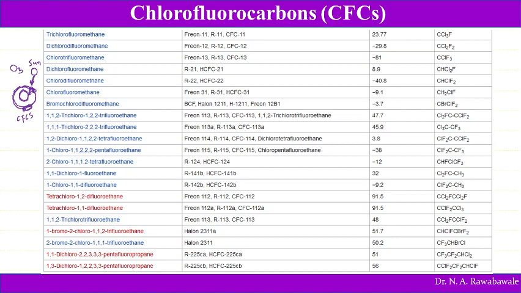So the universal community, the United Nations Organization, banned the use of these chlorofluorocarbons which are harmful to the ozone layer. Gradually the use of chlorofluorocarbons is reduced. Because of environmental concerns, the use of CFCs has been banned and is going to be reduced.